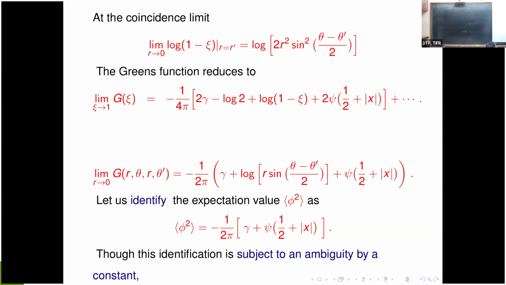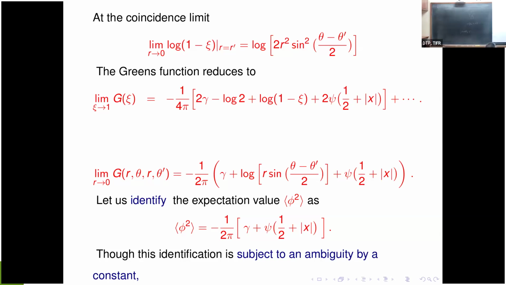If you take the short distance limit, this is the expression. I subtract the logarithmic divergence, which is basically the 2-point function of 2D in flat space. Of course, there is an ambiguity in subtracting this, up to a constant, but it doesn't affect the x dependence.